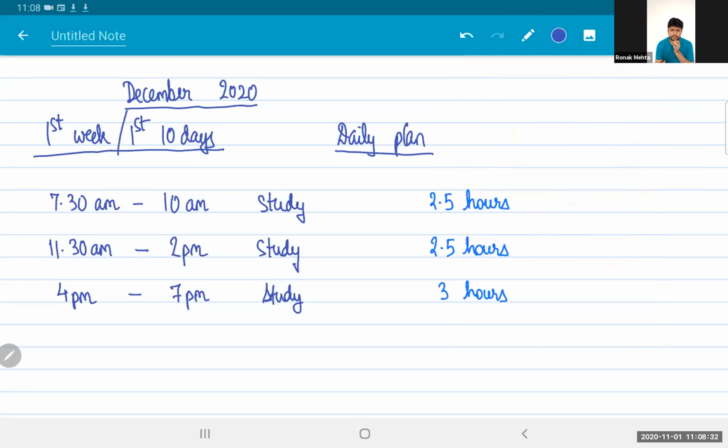Now take a gap. Have your dinner if possible. I mean, 7 o'clock, don't have your dinner. That's not what I'm suggesting. I'm saying take a proper gap, maybe say 2 hours. And then you sit to study again at 9 p.m. And maybe if possible, you can take it up to 11:30, or it would be wonderful if you can take it up to 12. This will give you another 3 hours of study, till 12 midnight.